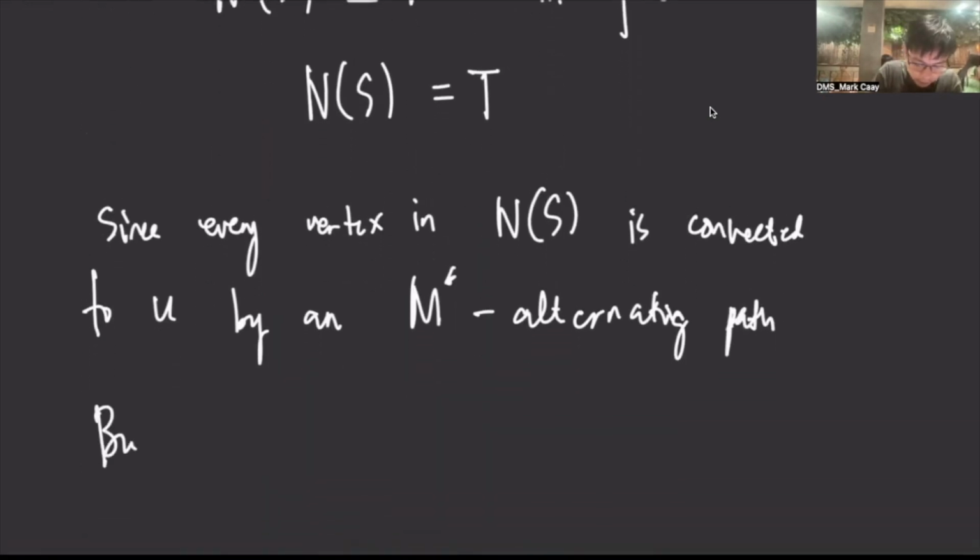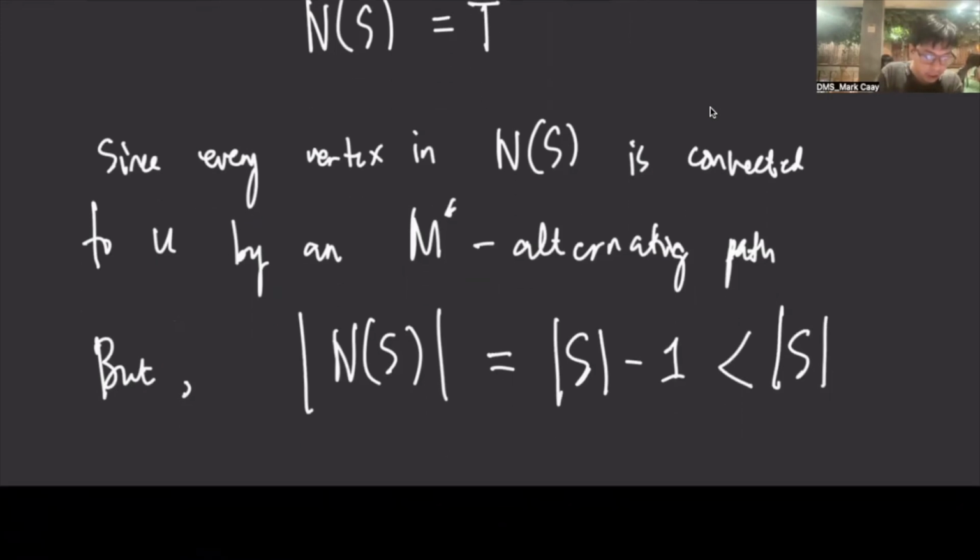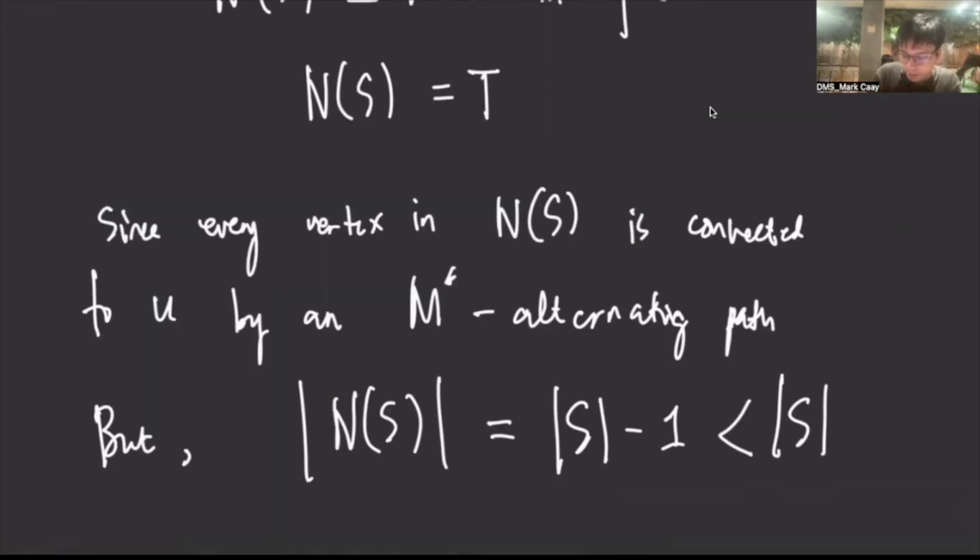But we assumed in the first place that N of S is equal to S minus 1, and this is always less than S, right? However, the assumption will actually contradict that.